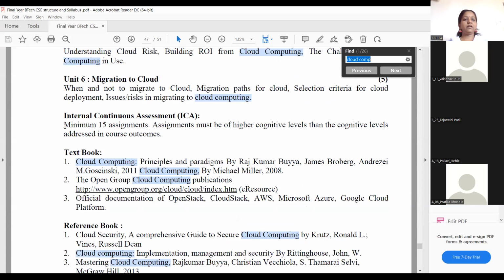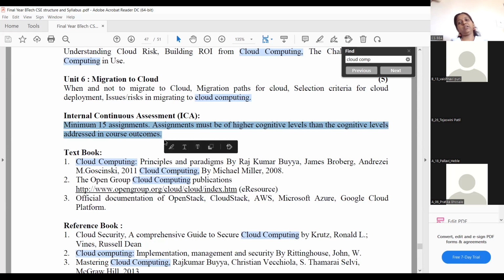It is given that a minimum of 15 assignments should be given, and those assignments must be of higher cognitive levels than the cognitive levels addressed in the course outcomes. So minimum 15 assignments are there. We have 6 topics. So what we will do is, out of these 15, 6 will be based on our chapter itself.